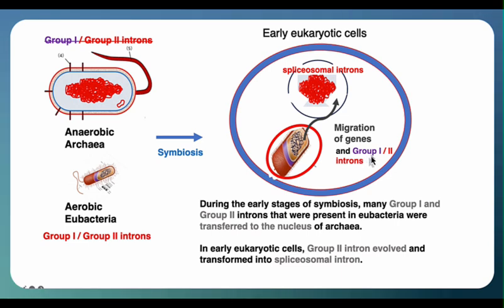If we consider that the Group II introns transferred to the archaeal nuclear genome eventually evolved into the spliceosomal introns we see today, we can better understand the distribution of Group II introns across the biological world, and the similarities in the splicing mechanisms between the two types of introns. This explanation effectively accounts for the origin of spliceosomal introns from Group II introns, considering the evolutionary history of eukaryotes and the distribution and characteristics of different intron types.